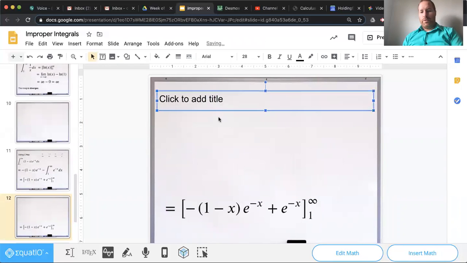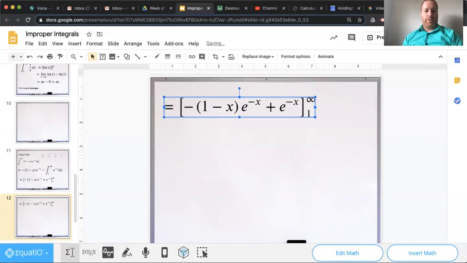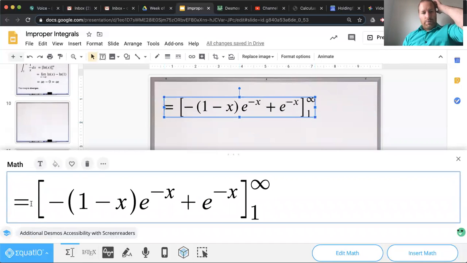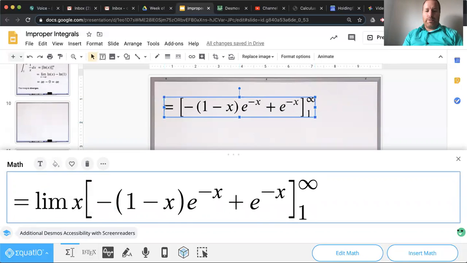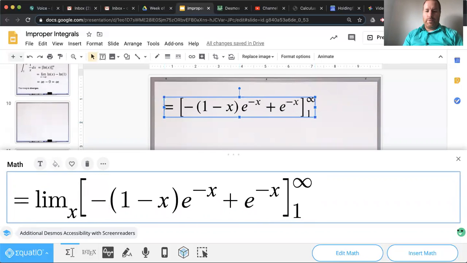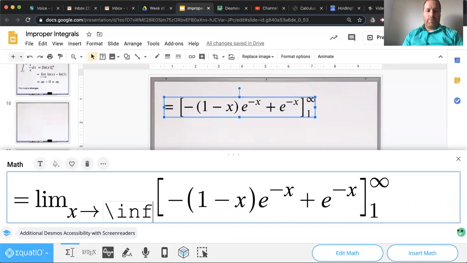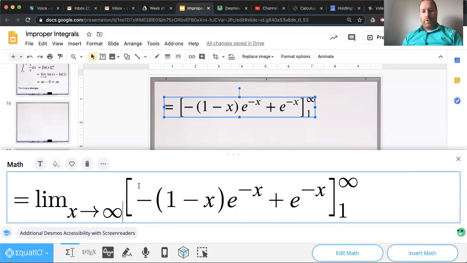Here, what I'd do is I would convert these to limits. I'd plug those pieces in. So first off, we would plug in our idea for a limit as x goes to infinity of this stuff.